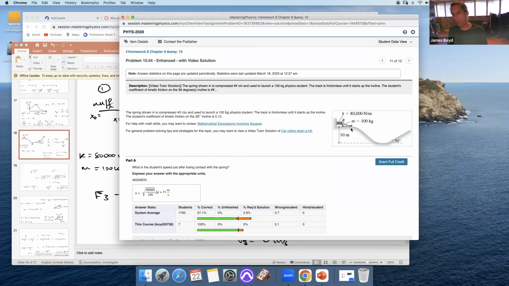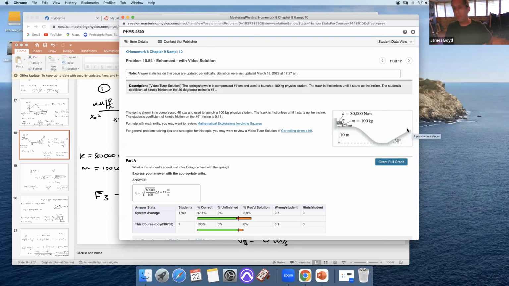Then they slide past the spring. All the spring energy becomes kinetic energy, so they still have mgh, but now instead of spring energy, they have kinetic energy, mv squared over 2. They slide down, then they slide up. So whatever energy they have at the bottom, which is the same as the energy they have at the top, it's just now it's all kinetic energy at the bottom, and you could find that if you wanted.